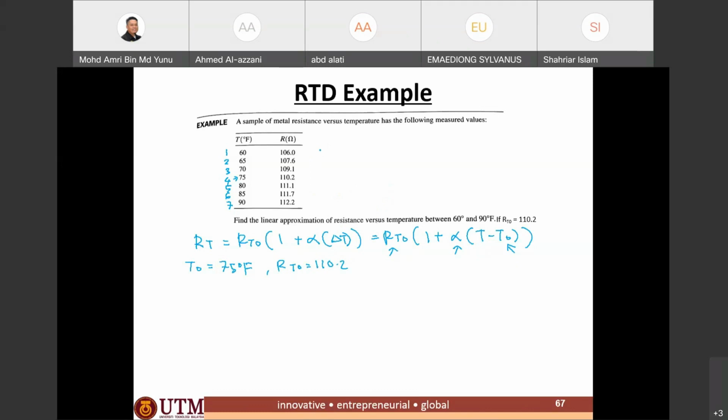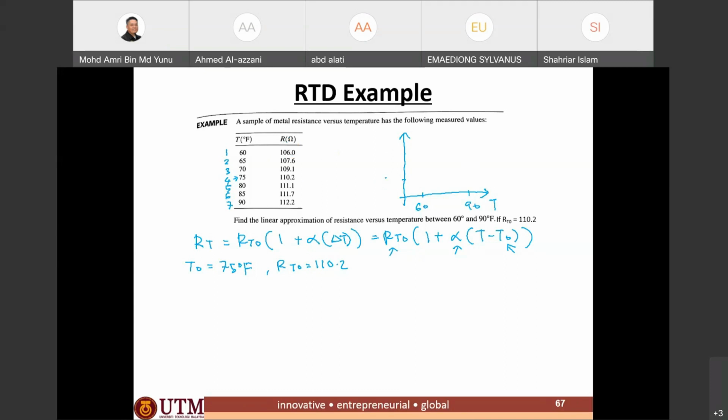Okay, so we need to find the alpha. Let's say the temperature here is from 60 to 90, and here on this part is R, the actual resistance of the RTD.